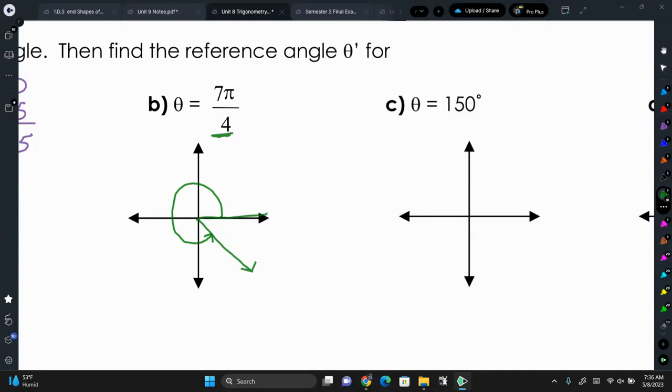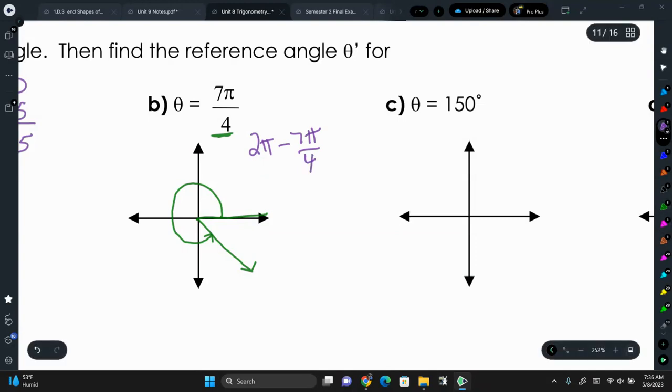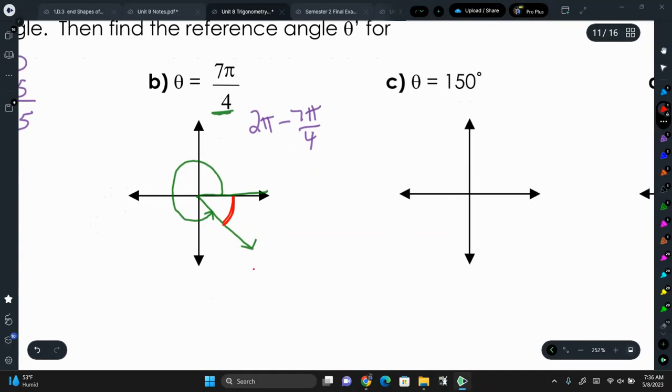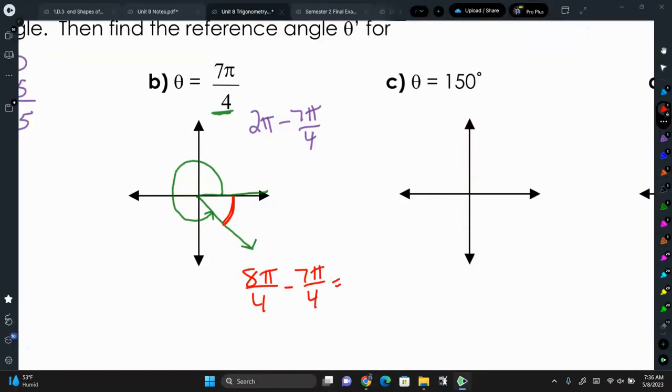Then your reference angle, since we are in quadrant 4, we're going to do 2 pi minus 7 pi over 4. Now, you're going to get good enough at some point where you don't need to do this subtraction. You will be able to realize it's 7 pi over 4, which means this angle right here has got to be pi over 4. But you can always do the math just to verify. So pi over 4 is your reference angle.